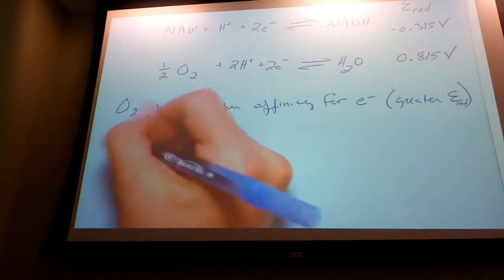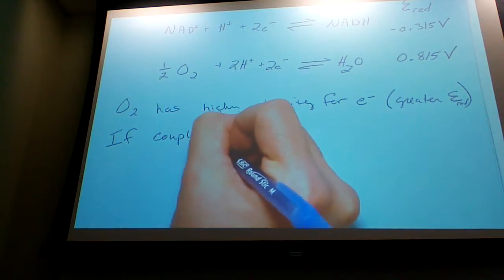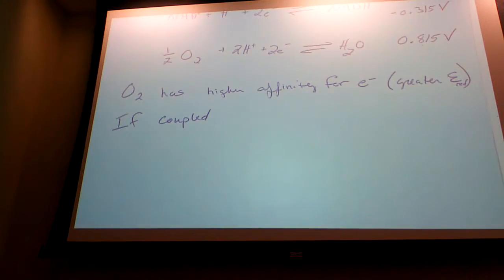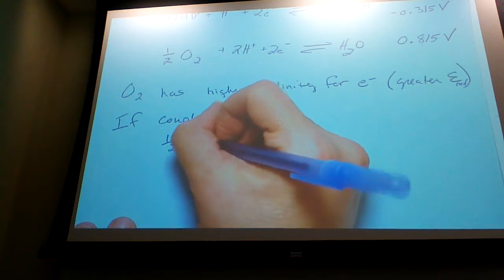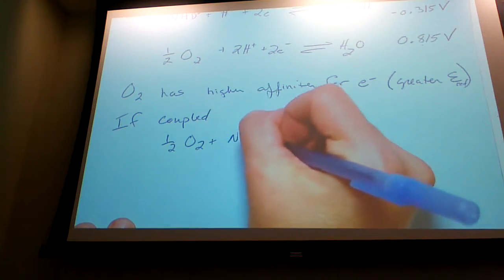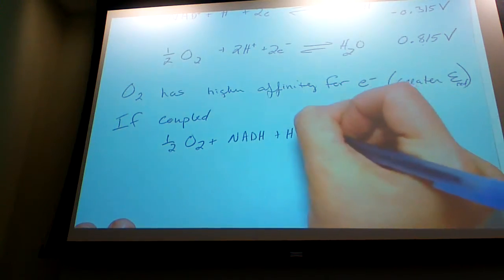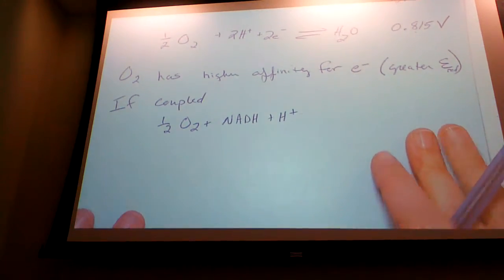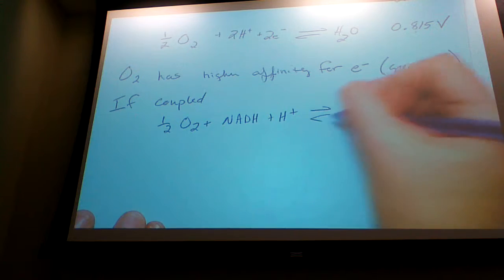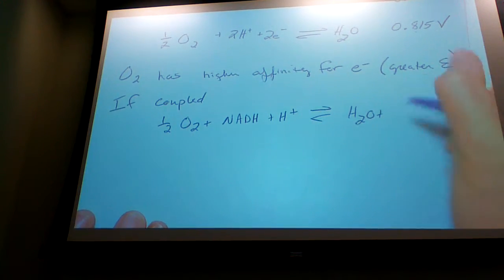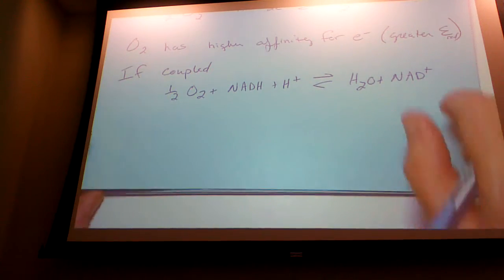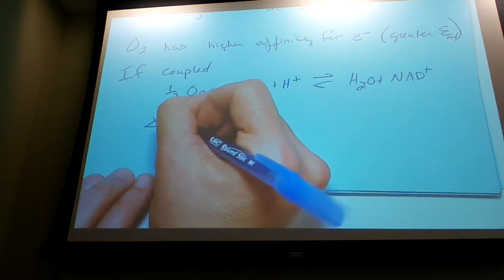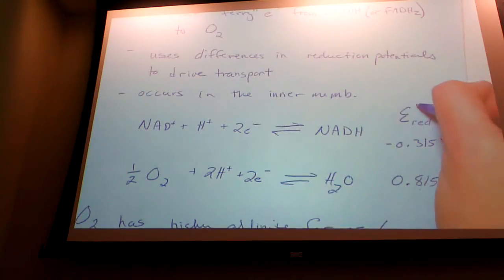And if coupled, where I have the whole thing, so 1/2 O2 plus NADH plus H+ going to water plus NAD+. And then my change in reduction potential, and I'm sorry, these are standards, I should write that up there.